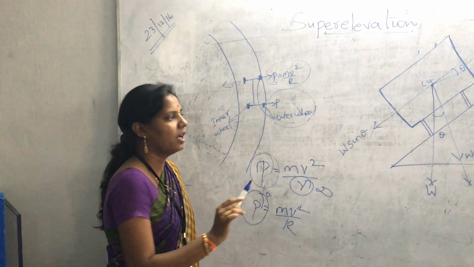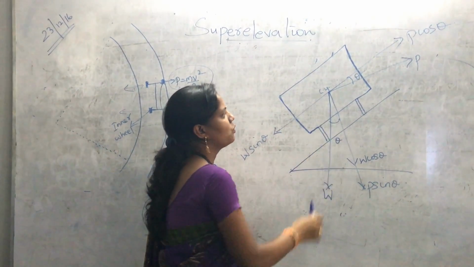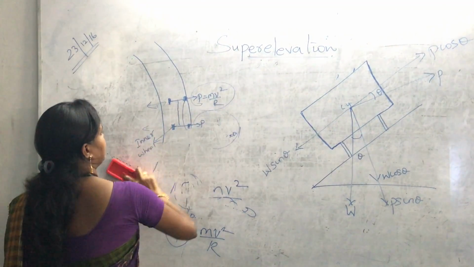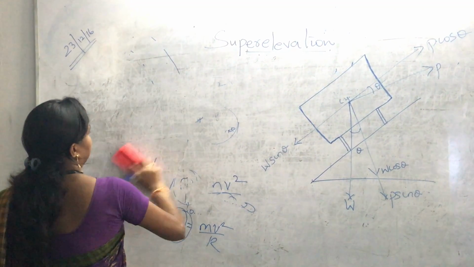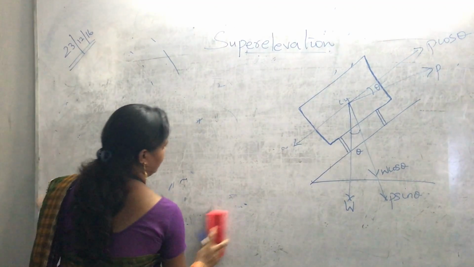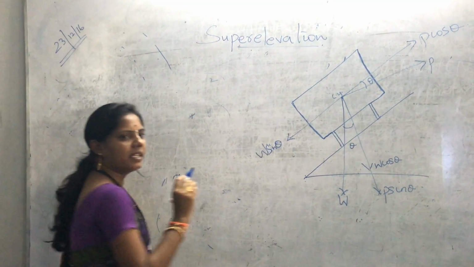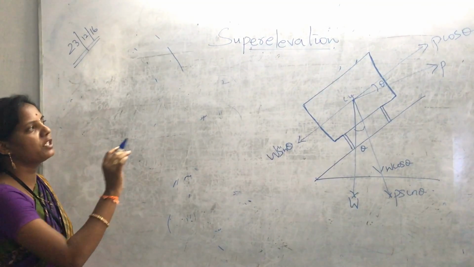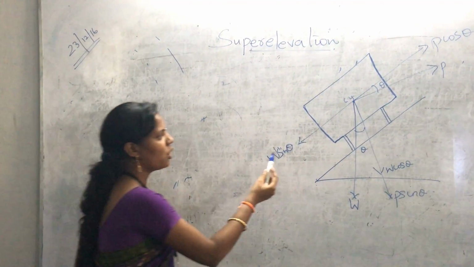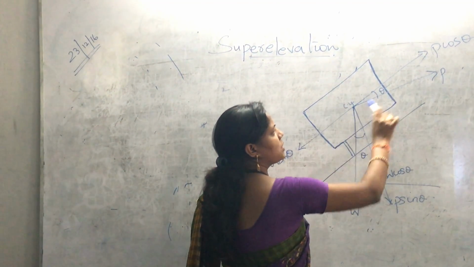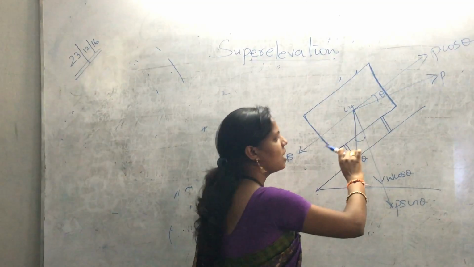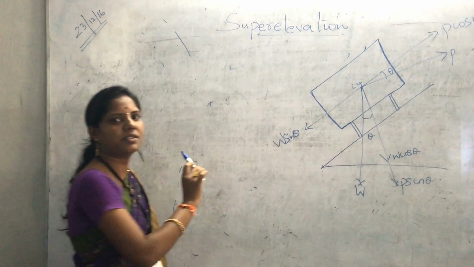In order to derive the expression for the superelevation, the basic logic applied is that the algebraic sum of all the forces along the transverse direction tends to zero.